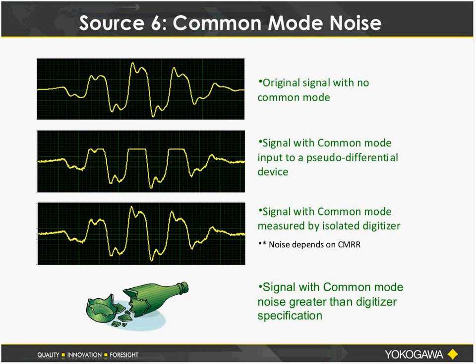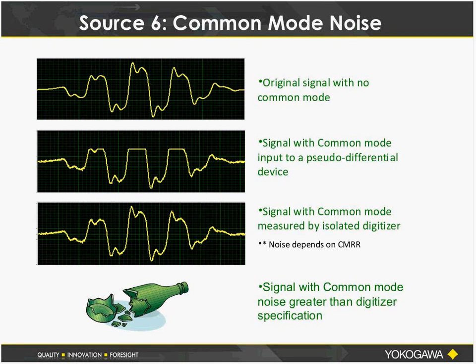In the worst case scenario, if you have common mode noise greater than what your digitizer or data acquisition device is capable of handling, it will damage the system, and we have seen this in other people's systems, where it needs to be repaired or replaced. So this is something to be aware of.